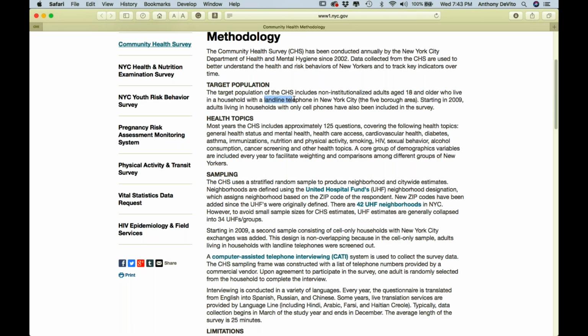Between me and you, unless they've changed that, that's going to exclude like half the people I know under 30, right? They don't have landline phones. Only old geezers like me keep their landline phones. And to be honest with you, I never answer the thing anyway anymore. So starting in 2009, adults living in households with only cell phones were also included. They've made an adjustment for that.